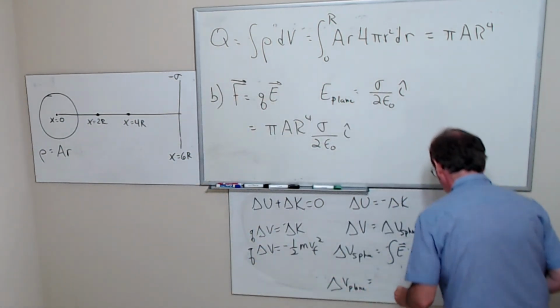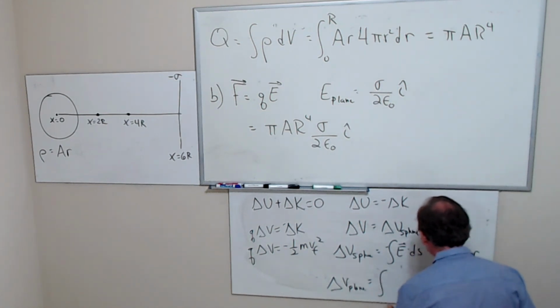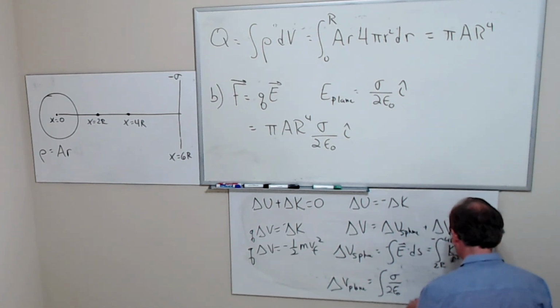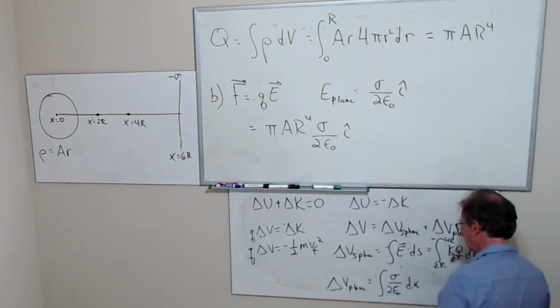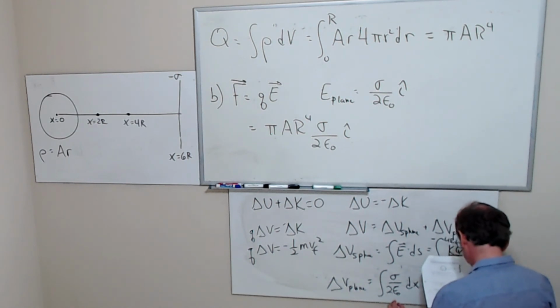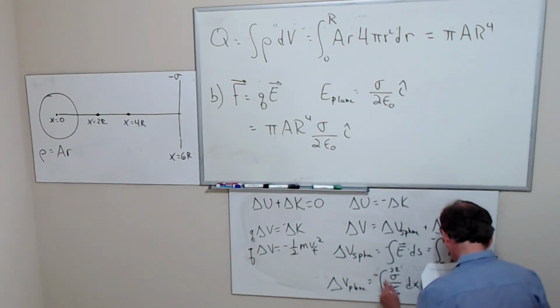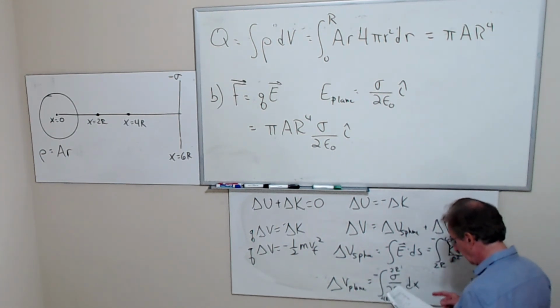So for the plane, you're going to integrate sigma over 2 epsilon naught dx from 4r to 2r. There's a minus sign there. But here's the problem.